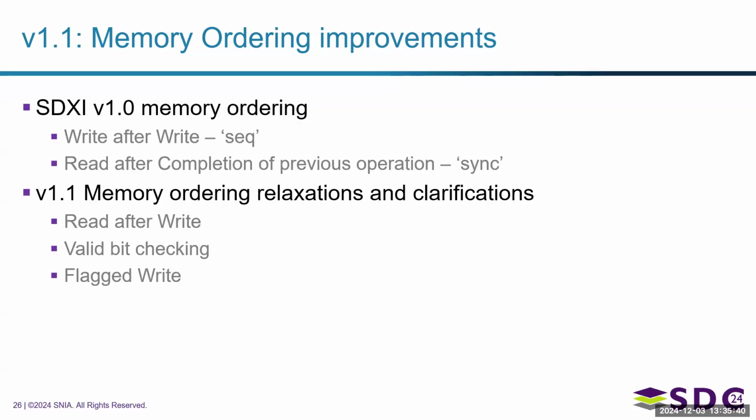These are all in the realm of memory-based ordering that you would need if you are a memory-based data mover. There are certainly more than these that some of the group members have talked about, but that's the path the group is on in trying to add them to the standard.